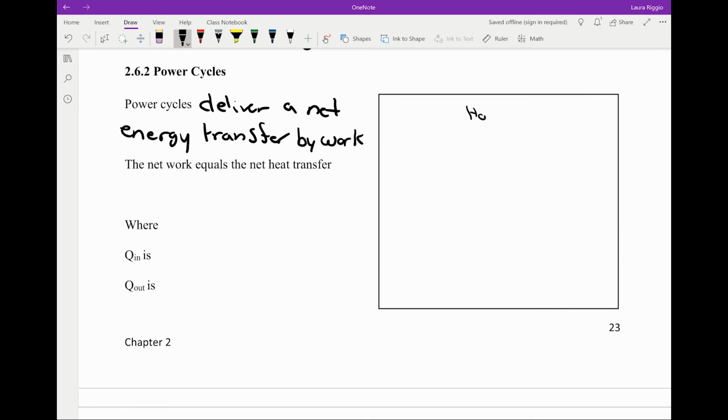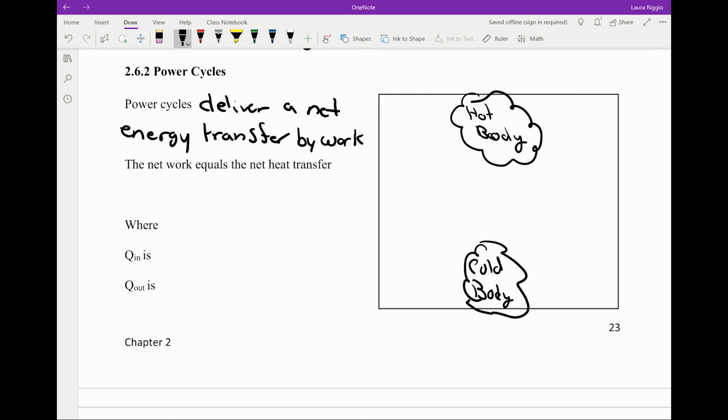So if I have some hot body and I have a cold body, I have some system. Again, the details of the system don't matter. I have some Q in, I have some Q out, and I have my work out for my cycle.